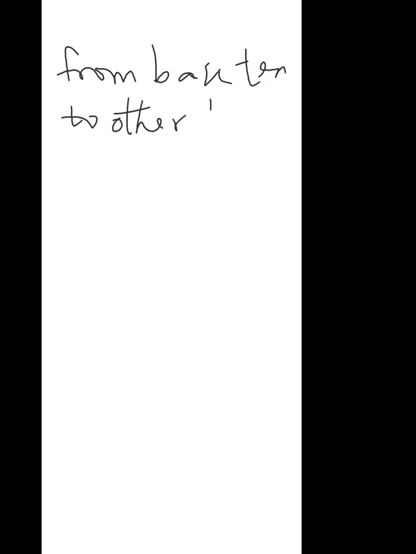Now we are converting from base 10 to other bases. You are going to be using what I call the factor division method. So let's assume there is a number.